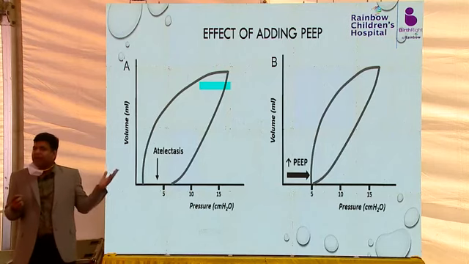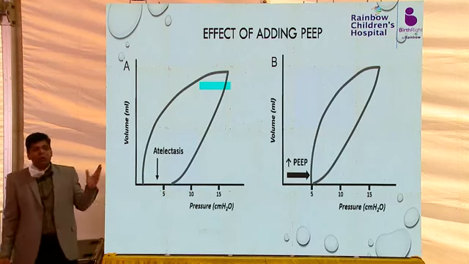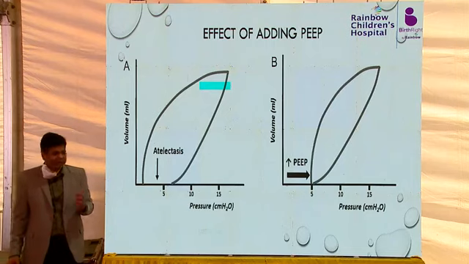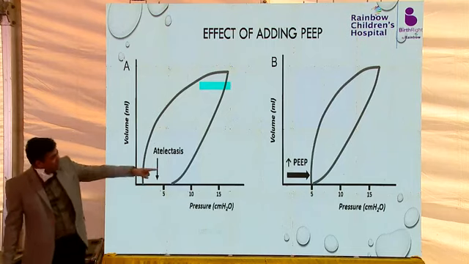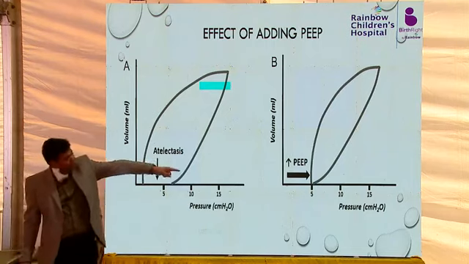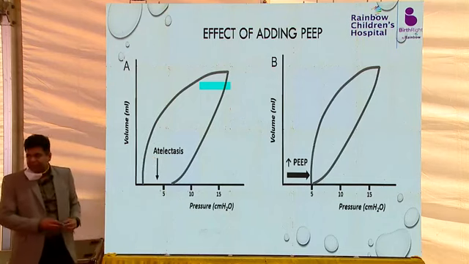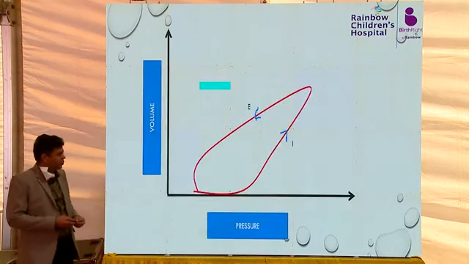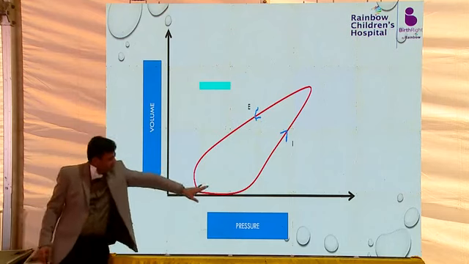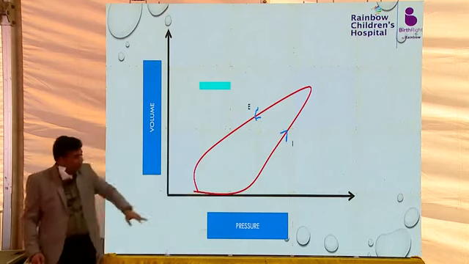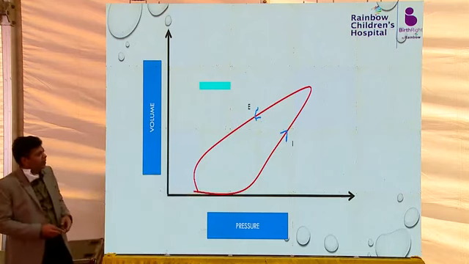So by looking at the loop waveform, you can optimize the PEEP. So we increase the PEEP and the waveform gets better. Again the same thing, so what we need to do is increase the PEEP.